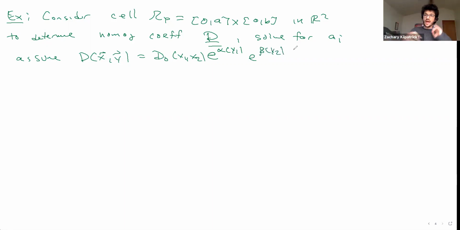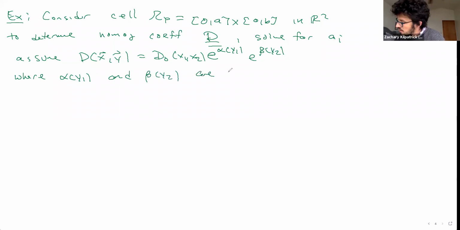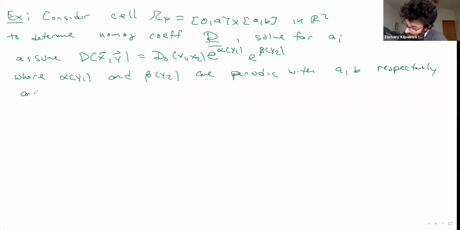Okay, so we're just allowing for separability maybe of the microstructure's diffusion coefficient dependence. Okay, so where alpha of y1 and beta of y2 are periodic, okay, with A and B respectively, okay?